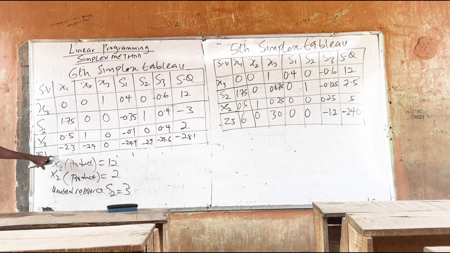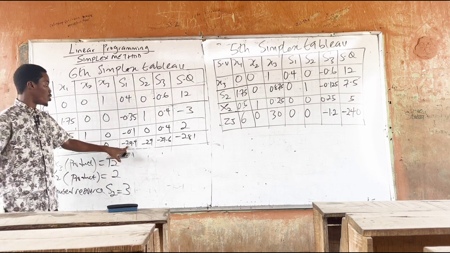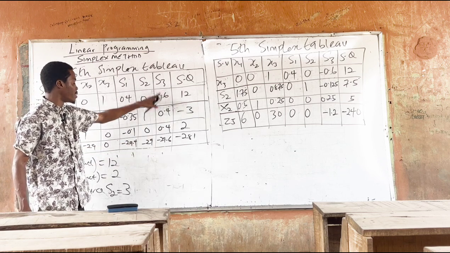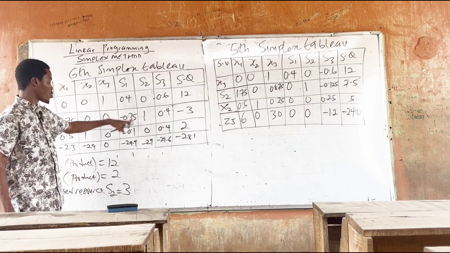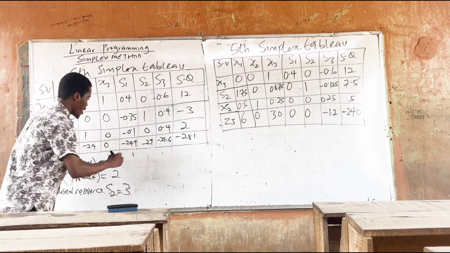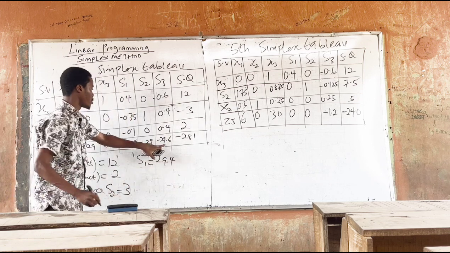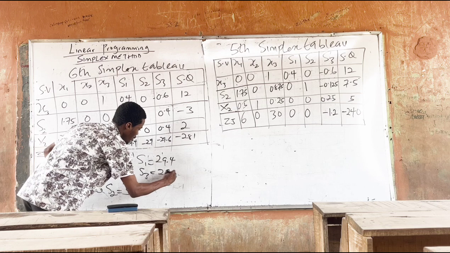So on my ZJ, I have my slack variable here, which is minus 29.4, minus 29, minus 29, then 29.6. Since I've gotten my S2 already, my X1 is 29.4. Then my S3 is 29.6.